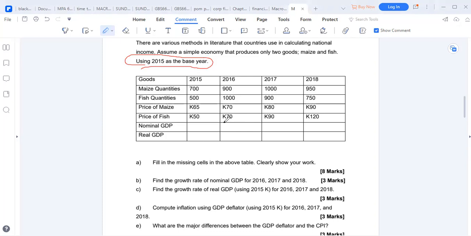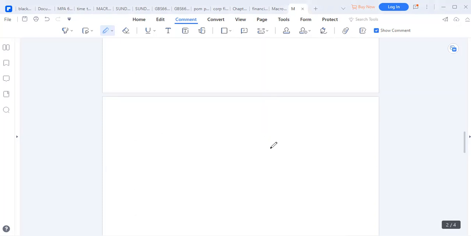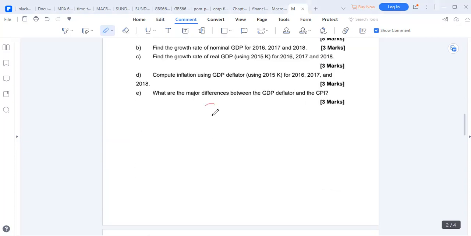We know the price of maize is 65 kwacha, the price of fish is 50 kwacha. So we're using the prices of 2015 to compute the nominal GDP for each of these years. All right, so now getting down to the solution.